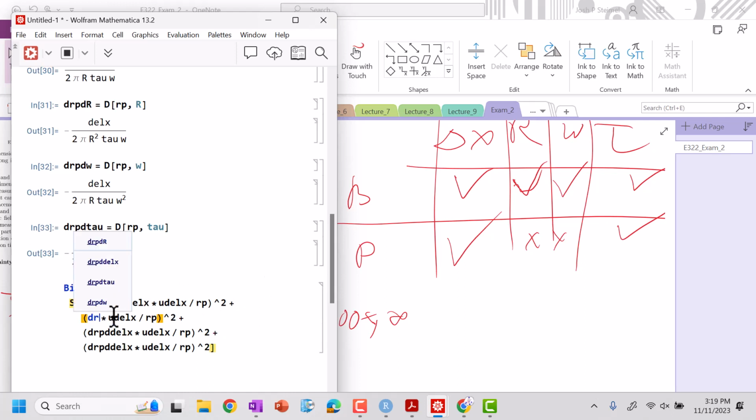So instead of del x, d rp d capital R, u r over rp. Now we're going to do d rp d w, u omega over rp. And then we're going to do d rp d tau times u tau.